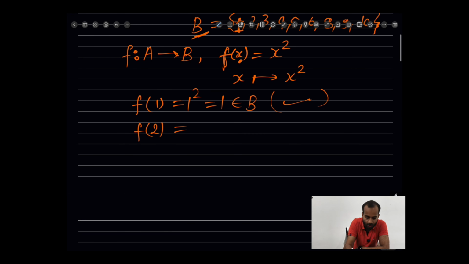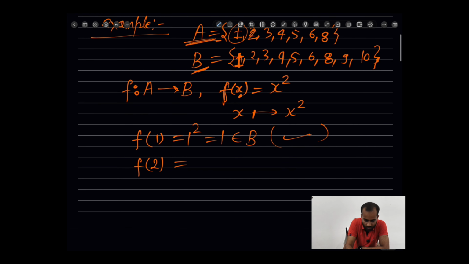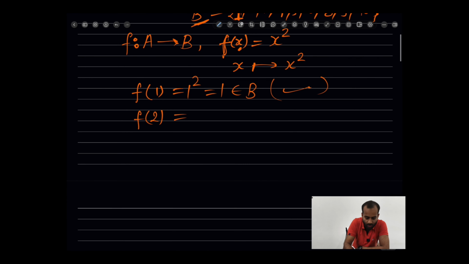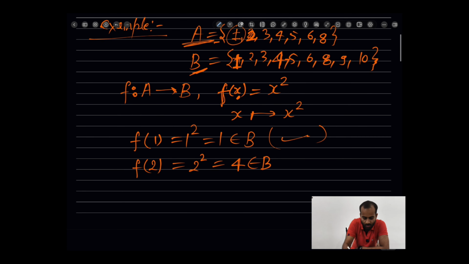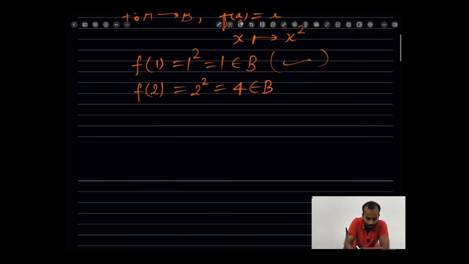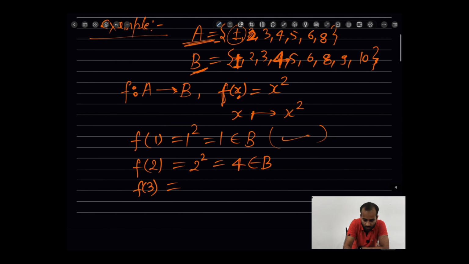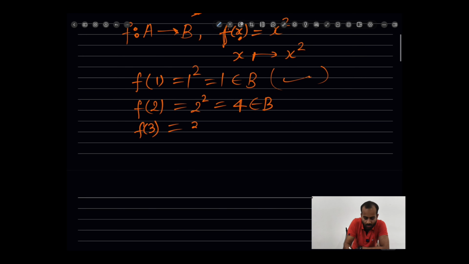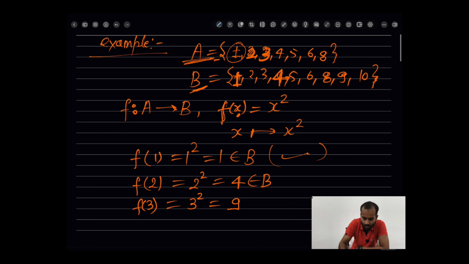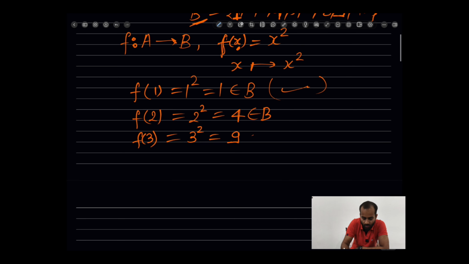Second, if we select 2 from the domain, then f of 2 becomes 2 square, which is 4, and 4 is also in the set B. Now f of 3 becomes 3 square, which is 9. Here 9 is also in the codomain, so there is no problem, 9 belongs to B.